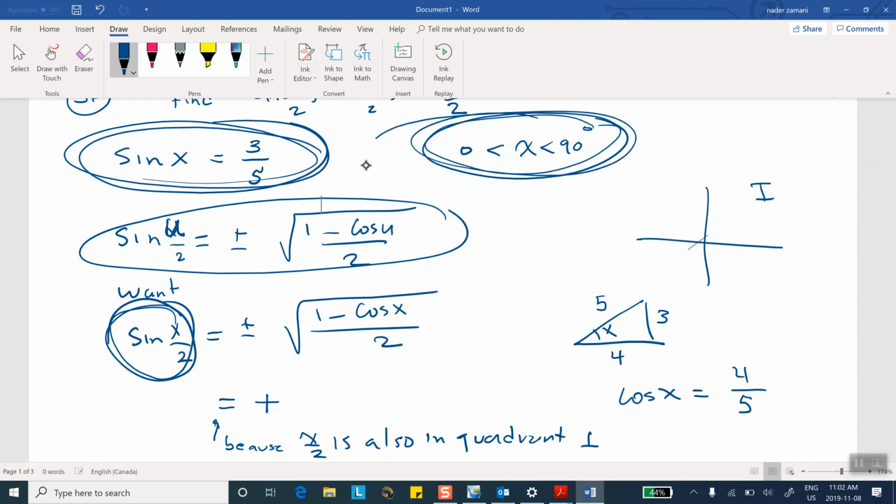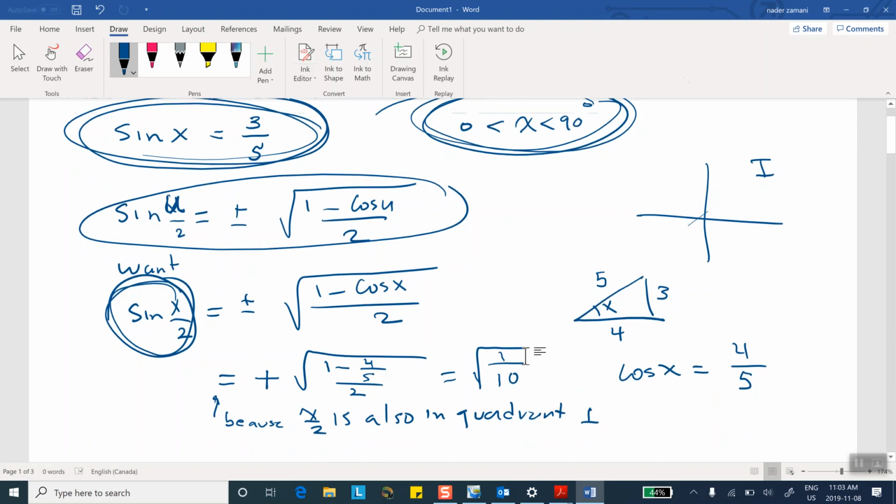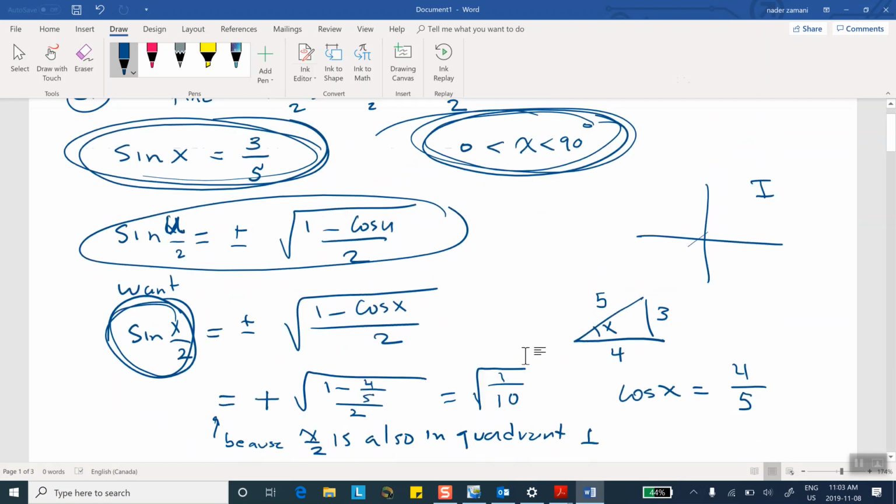X is in quadrant 1, half of it is also in quadrant 1. So it is plus square root of 1 minus 4 over 5, over 2. The answer in the back is not going to be like this. The answer in the back probably will be square root of 1 over 10. Good. Now, let's do cosine.